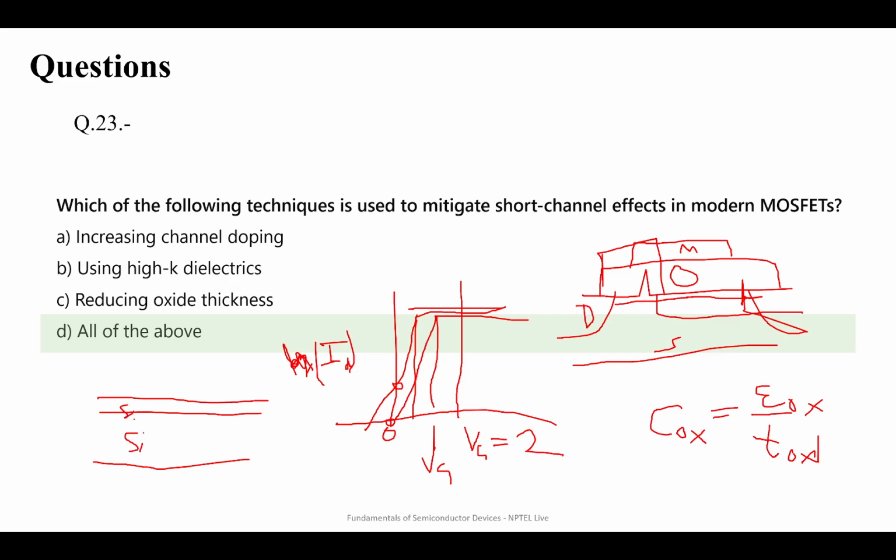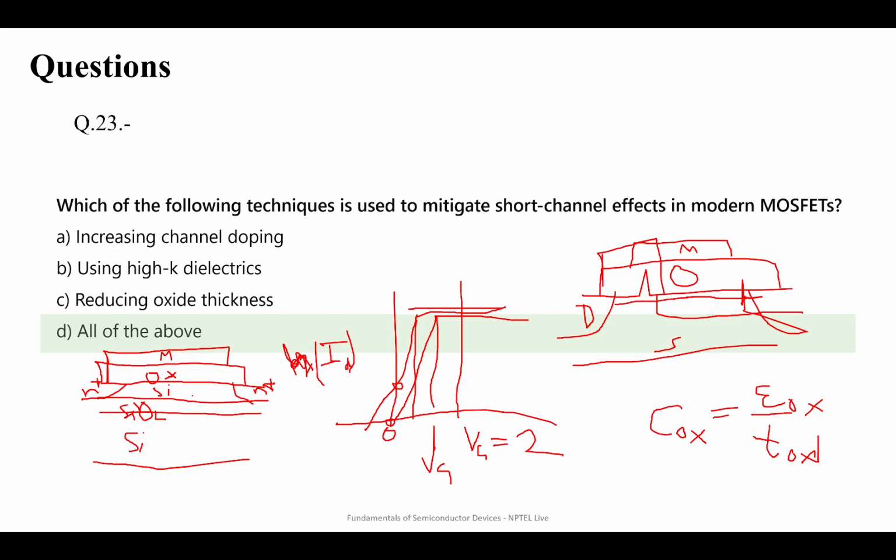I grow SiO2 on it, and then I grow another very small layer of silicon here, and then I form my source and drain on this part. So this is called silicon on insulator.